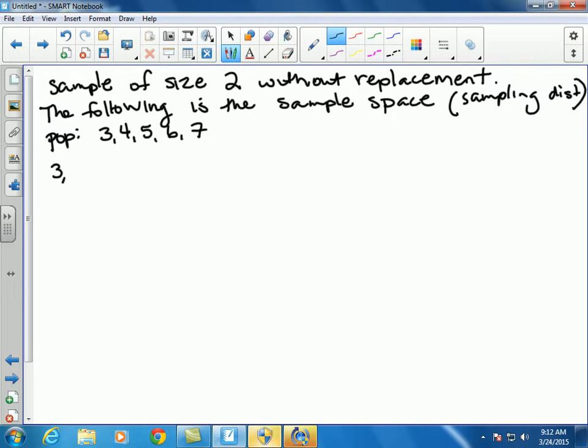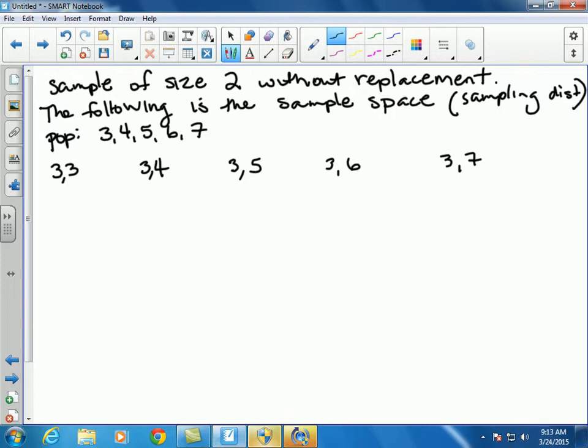And then you put it back in and you get another 3. Okay? Or you could have pulled out a 3, reached back, put it back in, reached in and got a 4. Or you could have pulled out a 3, put it back in, reached in, got a 5. You could have put in a 3, and so forth. So this is without replacement, putting in, picking a 3 out of a bag, putting it back in, and pulling another 3 out of a bag.